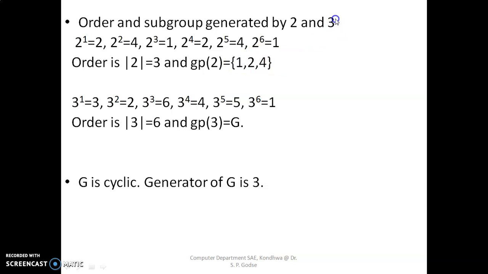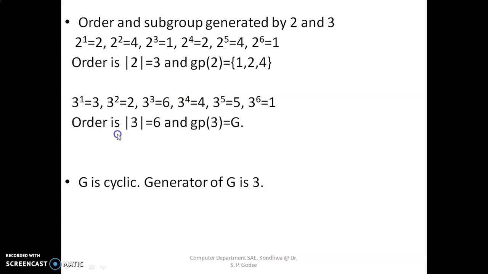If you take 3 as a generator, then A is nothing but 3 and A raised to any integer: 3 raised to 1 is equal to 3, 3 raised to 2 is equal to 2, 3 raised to 3 is equal to 6, 3 raised to 4 is equal to 4, 3 raised to 5 is equal to 5, 3 raised to 6 is equal to 1.